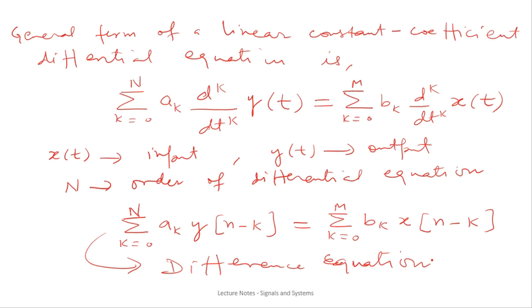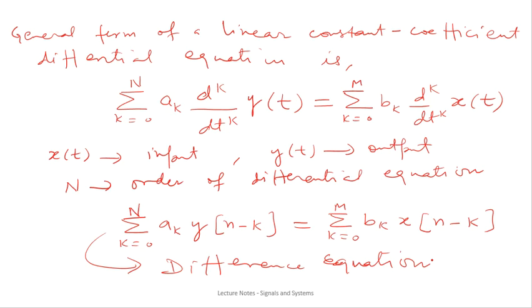That is why the equation which will be used to represent it is called a difference equation. So this integer capital N will be the order of the differential or difference equation, and it corresponds to the highest derivative, or maximum memory involving the system output respectively.